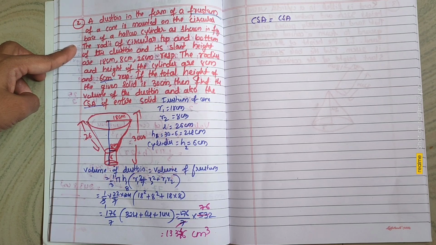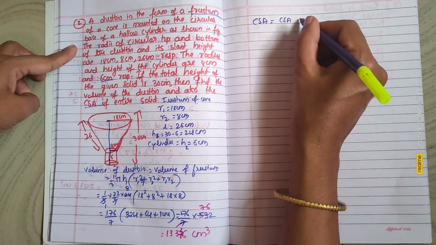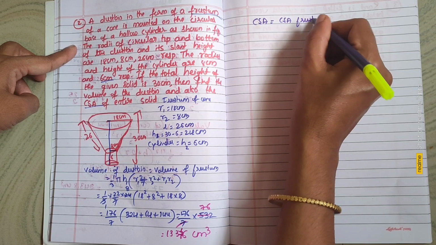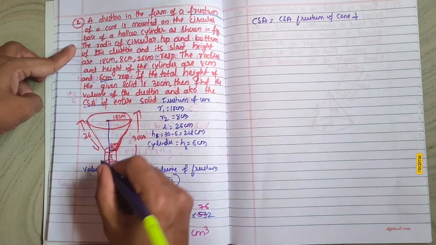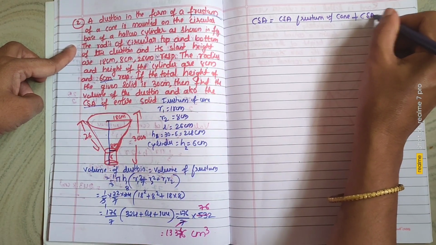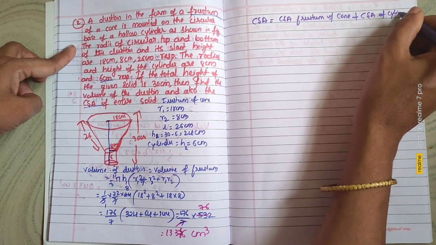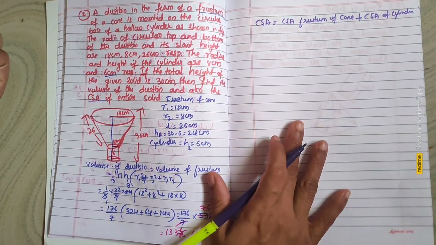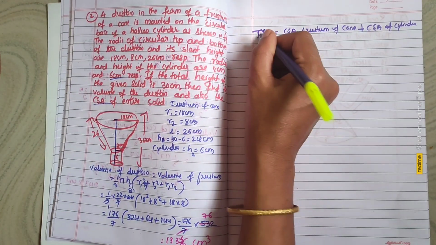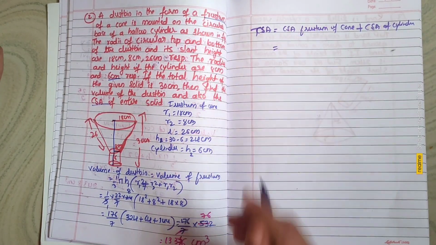Now we have the CSA of the frustum of cone plus the CSA of cylinder. Maybe they have given the TSA of both. I just wrote down, this is TSA. The CSA of the frustum of the cone.